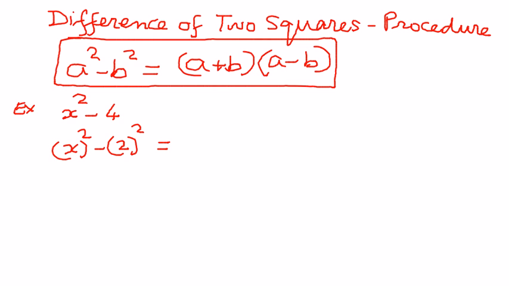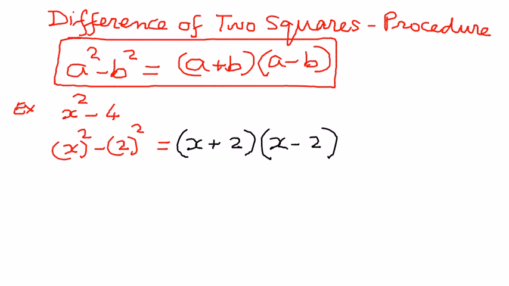I'm going to write this like this. I'm going to write x and 2 inside the first set of parentheses, and in the second set of parentheses I'm going to write x and 2. In the first set of parentheses I'm going to put a positive sign between x and 2, and in the second set of parentheses between x and 2, I'm going to put a negative sign.